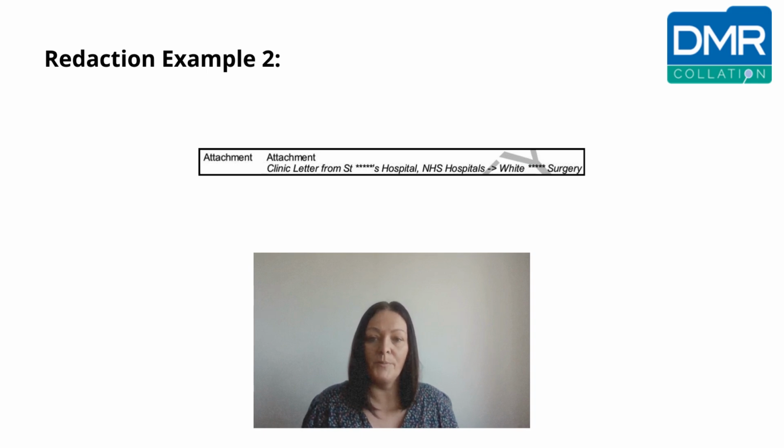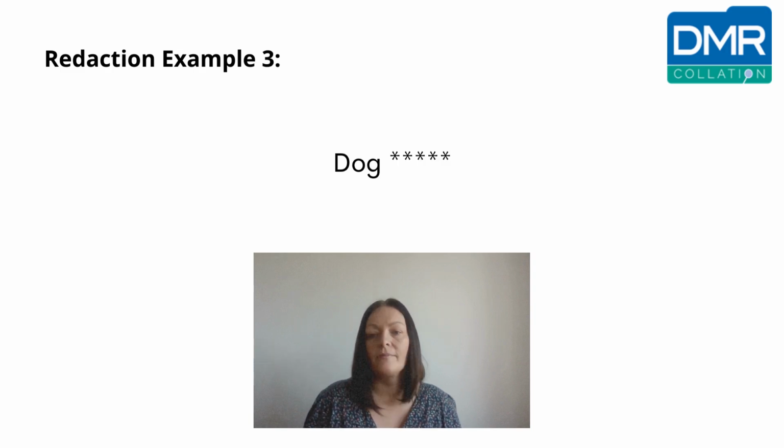In this redaction example, we aren't allowed to know the full name of the hospital or the GP surgery. For your information, it was actually a clinic letter sent from St James's Hospital to White Rose Surgery. The redaction software has picked up James and Rose and treated it inappropriately as third-party sensitive information, which, in this case, it clearly was not.